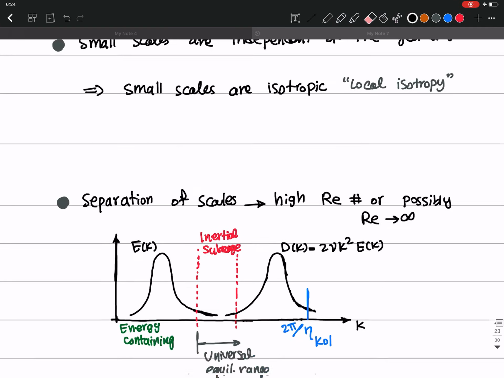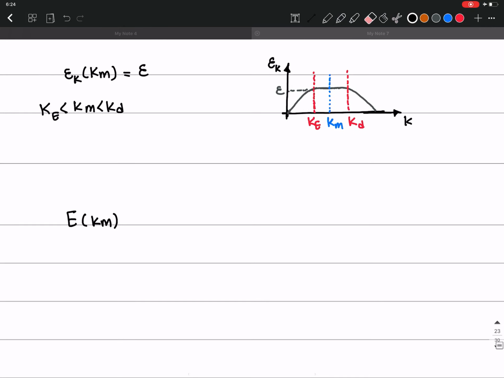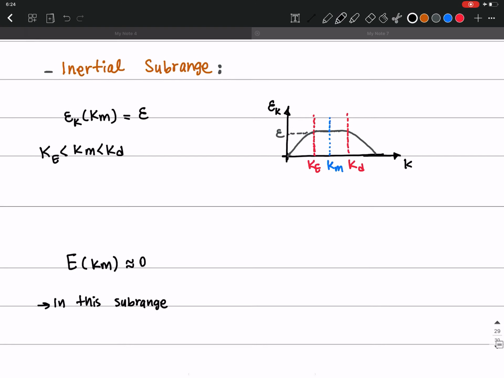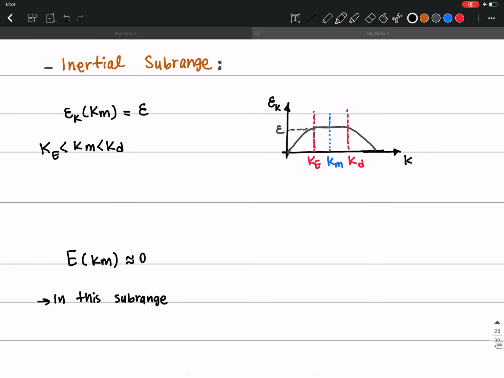So we know that in the inertial subrange this should be about 0. In this subrange, we don't have any energy production.